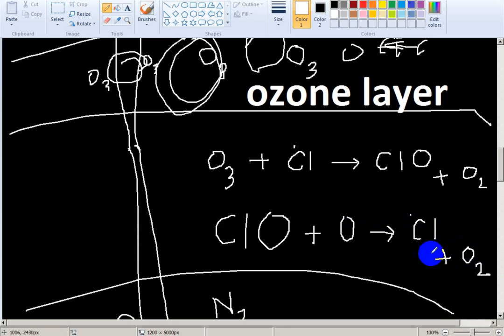This chlorine radical again reacts with another ozone molecule and breaks it down, forming chlorine monoxide and oxygen, and this chlorine monoxide again reacts with an oxygen radical to form chlorine radical and oxygen. Again this chlorine radical breaks another ozone molecule. This way it breaks down. For this reason this reaction is called a chain reaction.